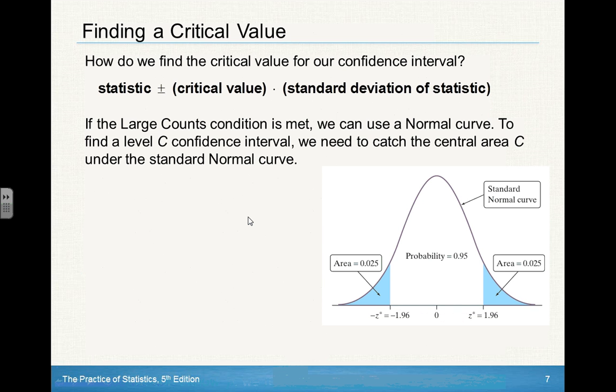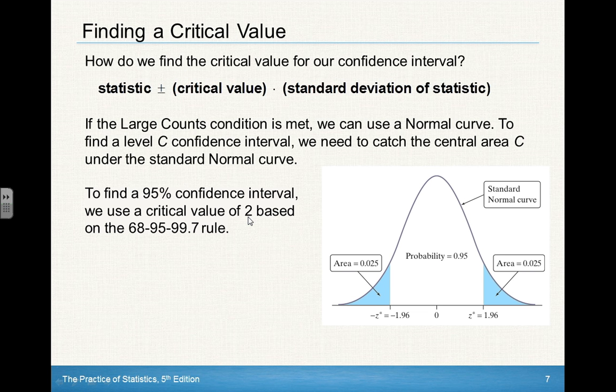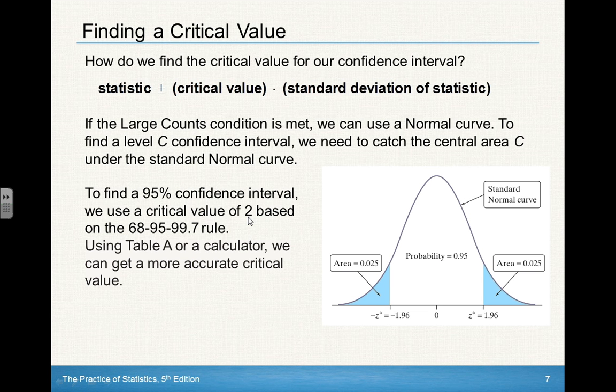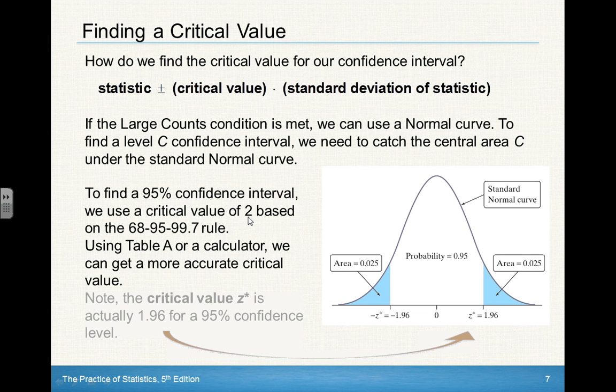then I end up with a distribution that looks like this. And if I wanted, say, a 95% confidence interval, we've been using 2. Now, using table A or the table of standard normal distributions or my calculator, I can get a more accurate critical value by using the method explained here. If this is 95%, then 5% is in the blue region. Half of 5% is over here, half of 5% over here.